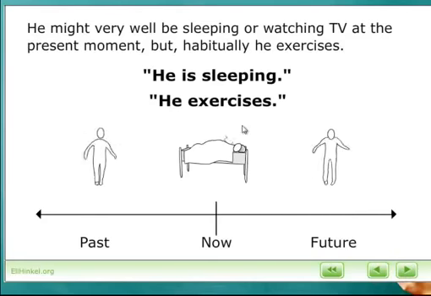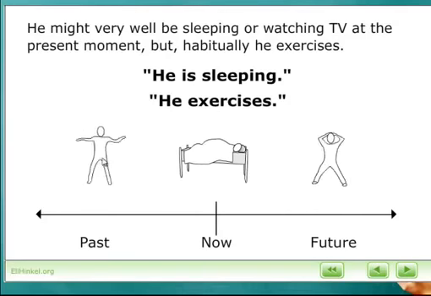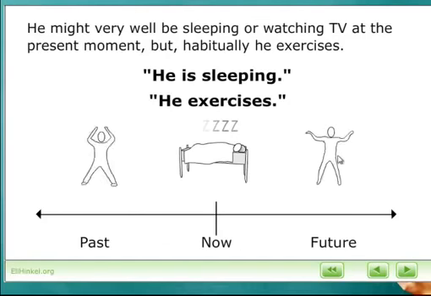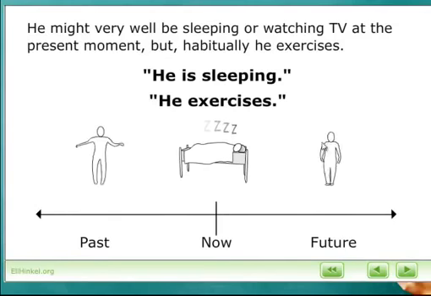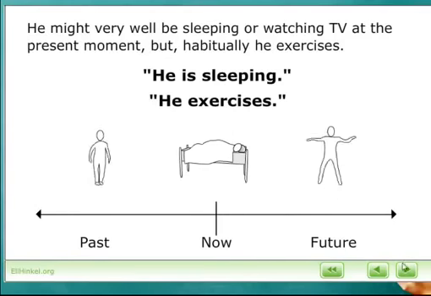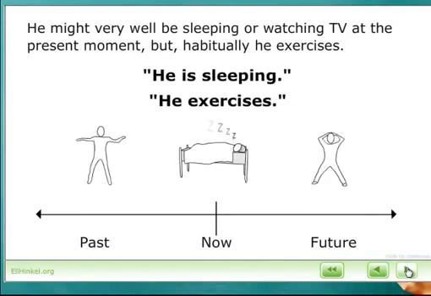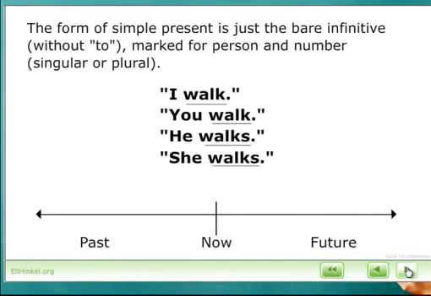Right now, he's sleeping, but he exercised this morning, and he will exercise tomorrow. So that means he exercises. It's something that he does. The form of simple present is just the bare infinitive without to, marked for person and number, singular or plural. For example, I walk, you walk, he walks, she walks.